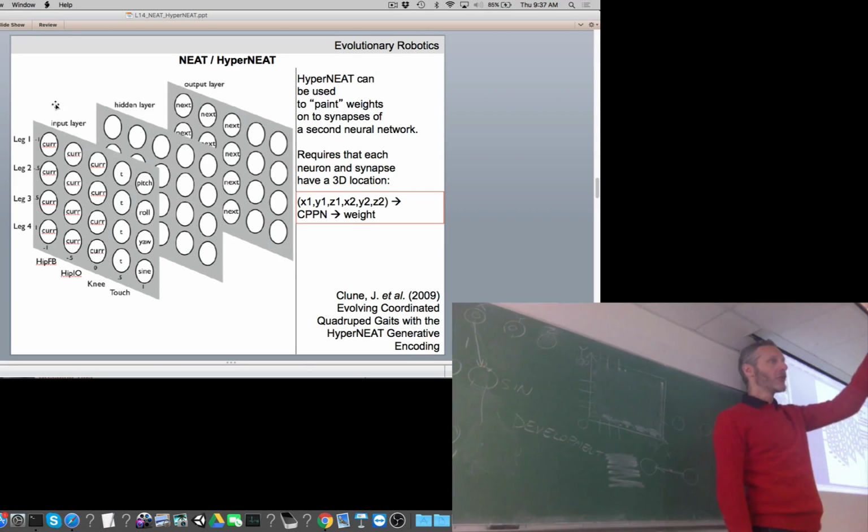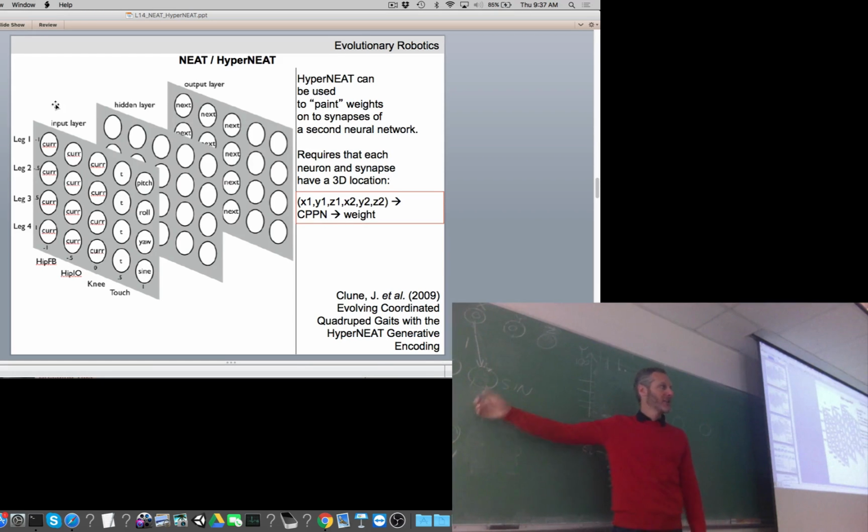We then take that neural network, drop it into our virtual robot in PyroSim, let the robot do its thing, and we get back from PyroSim a single number, the fitness of that robot, and we assign that fitness back to the CPPN in our population of evolving CPPNs, and rinse and repeat and rinse and repeat. So far, so good? Okay.